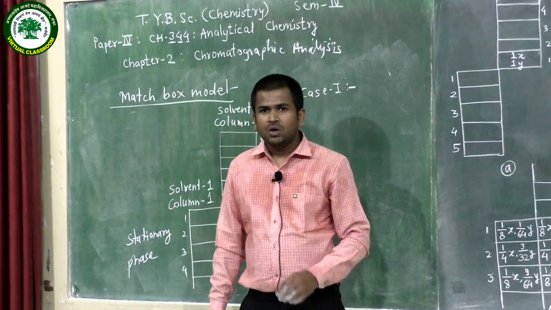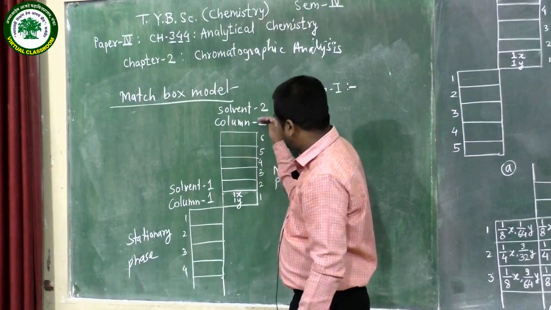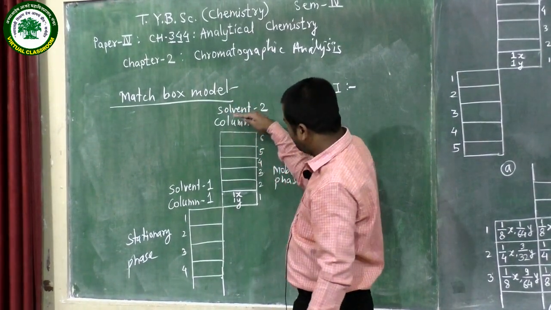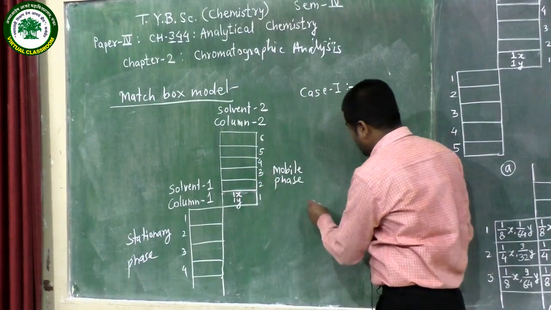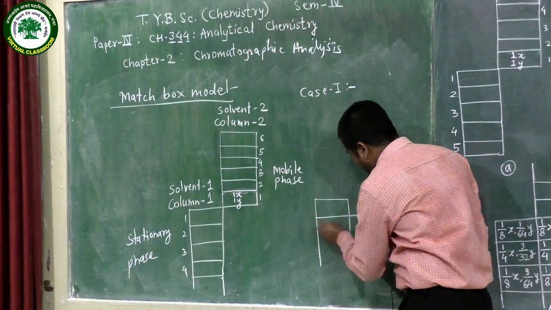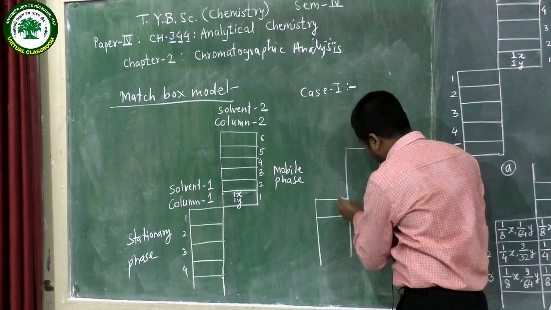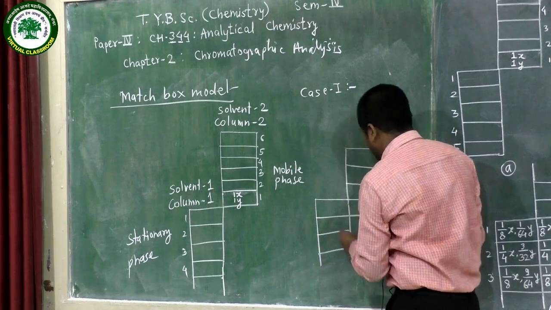When we place one box of solvent 2 over column 2 and push it down by 1 unit, we get a complete separation of the components present in the mixture, complete separation of X and Y like this.